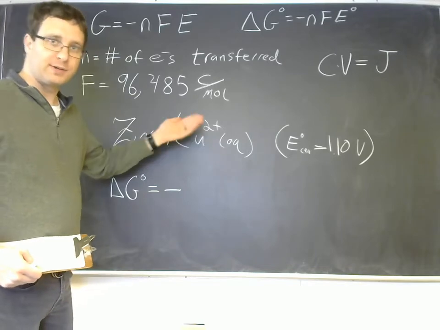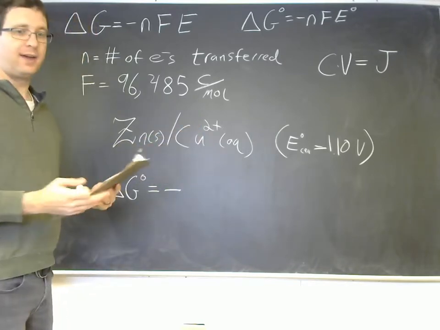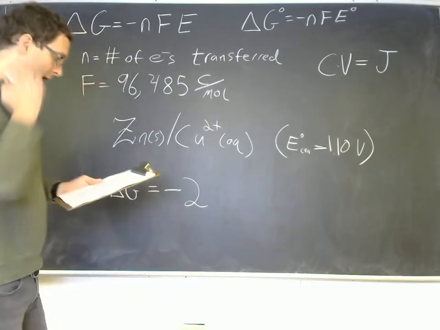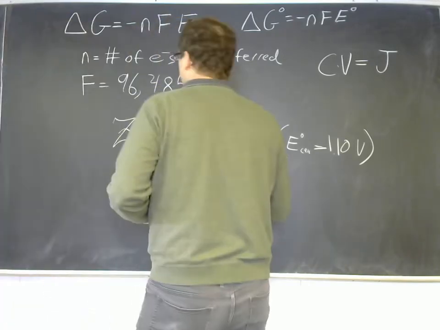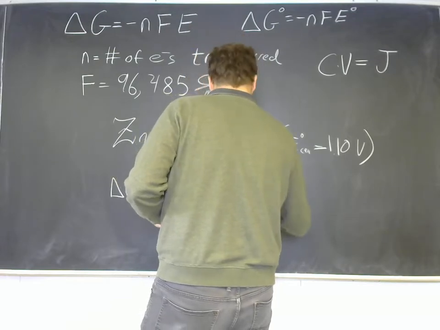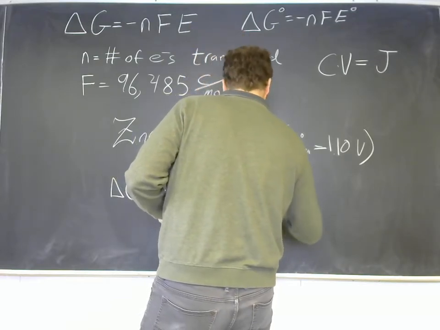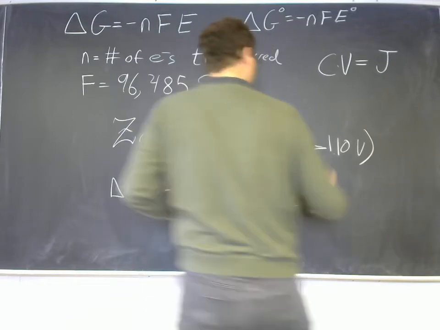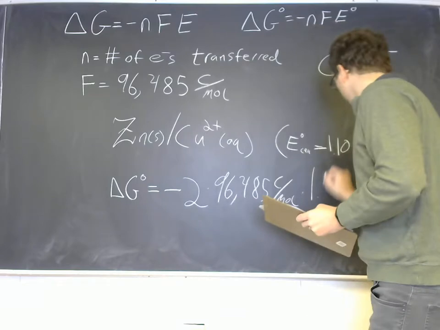That involves the exchange of 2 electrons. And then Faraday's constant, 96,485 coulombs per mole, times that cell potential of 1.10 volts.